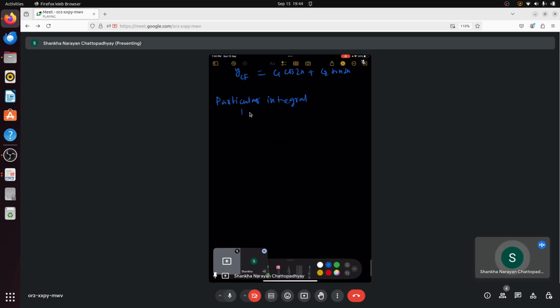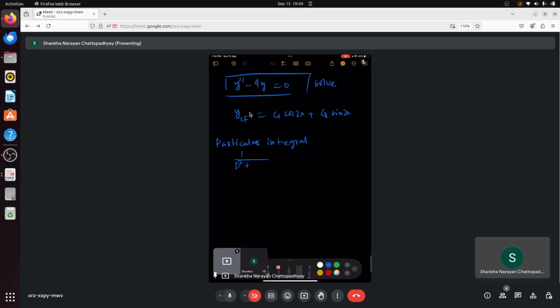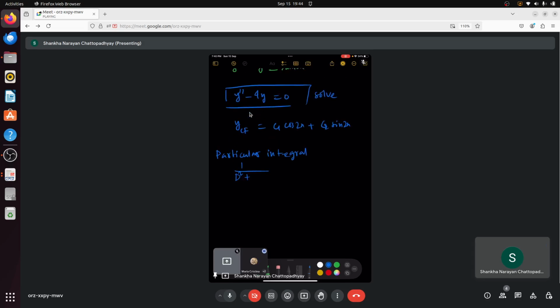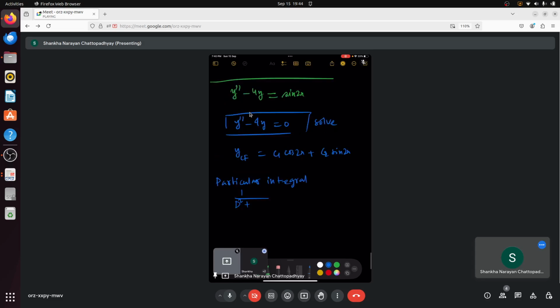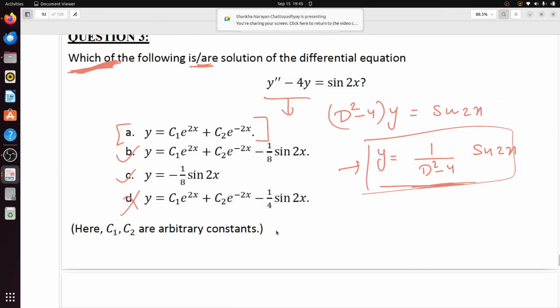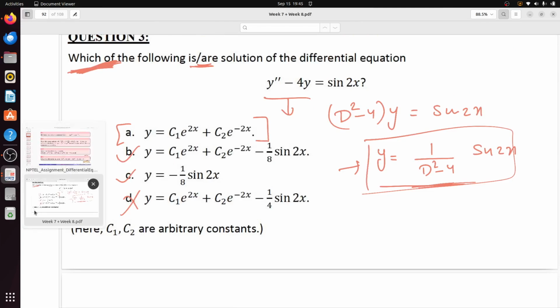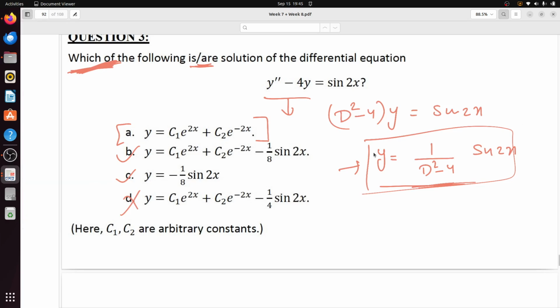What is your particular integral? Sorry, I think this is not the imaginary solution. I think I have written the wrong one, sorry. Just cross check me. Yes, sorry. Thank you very much, ma'am.